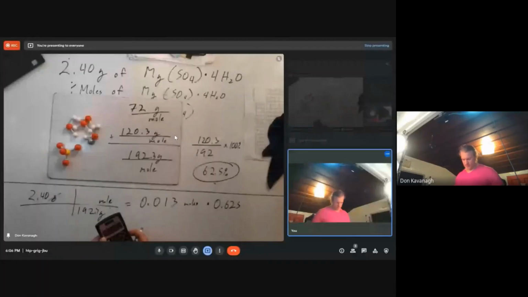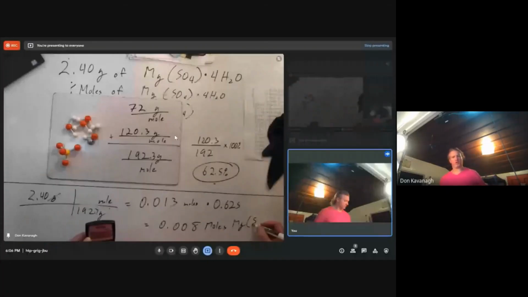There we go. So 0.008 moles is dry, clean MgSO4 with the waters removed if you cook. I hope this helps. Thank you.